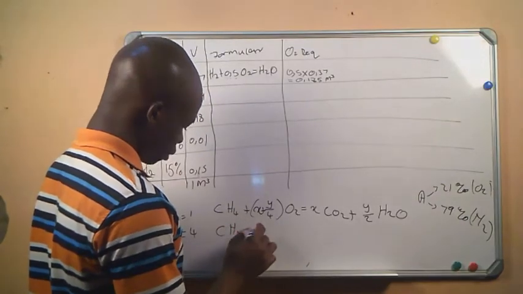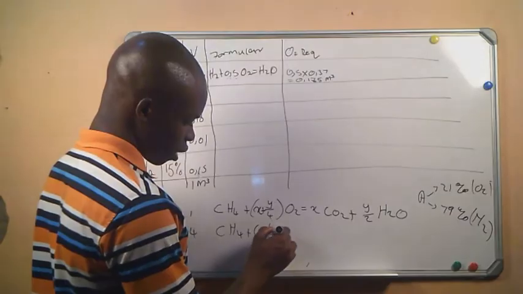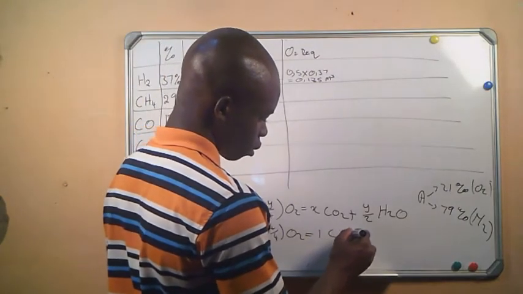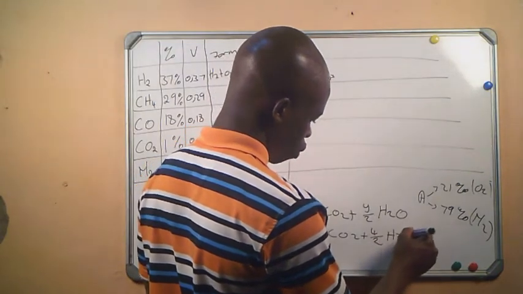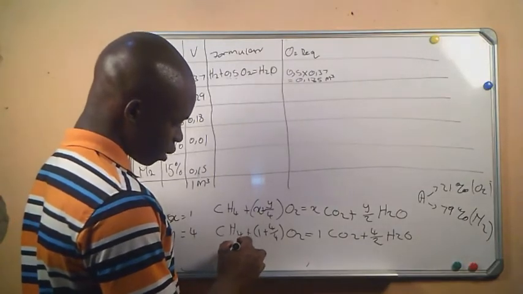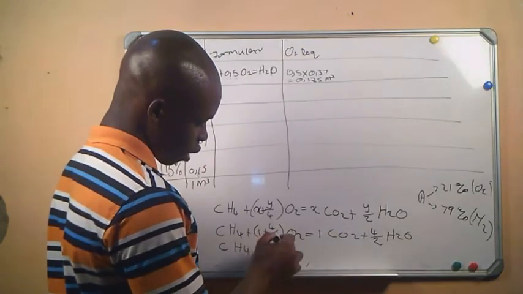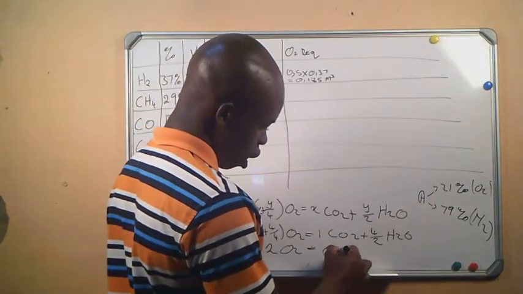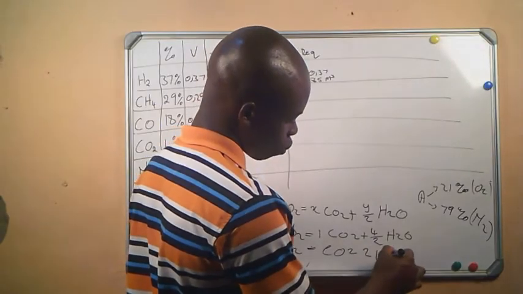CH4 plus (1 plus 4 divided by 4) oxygen equals 1 CO2 plus 4 divided by 2 H2O. And then we simplify, we will get CH4 plus 2 oxygen equals CO2 plus 2 H2O.